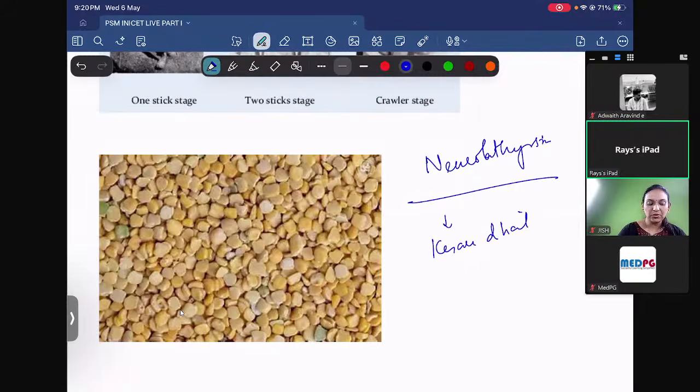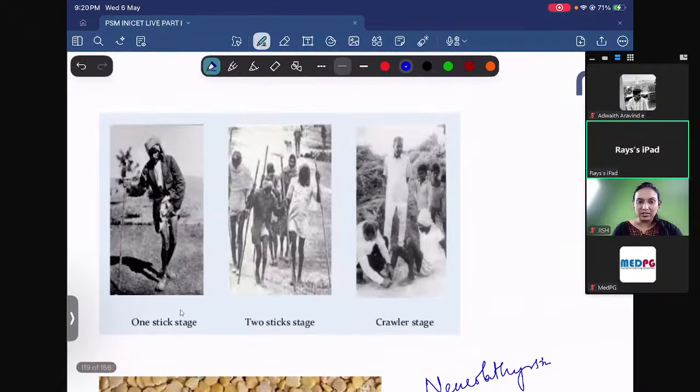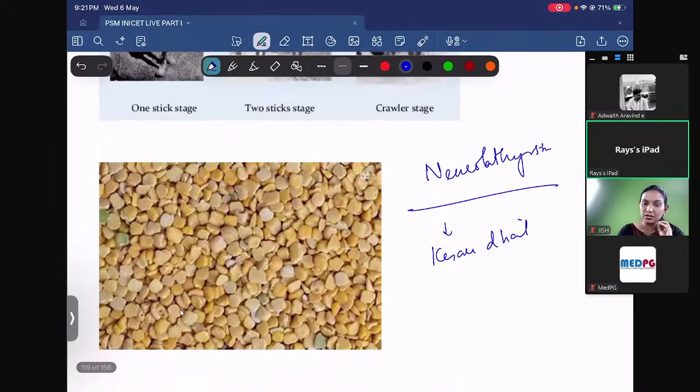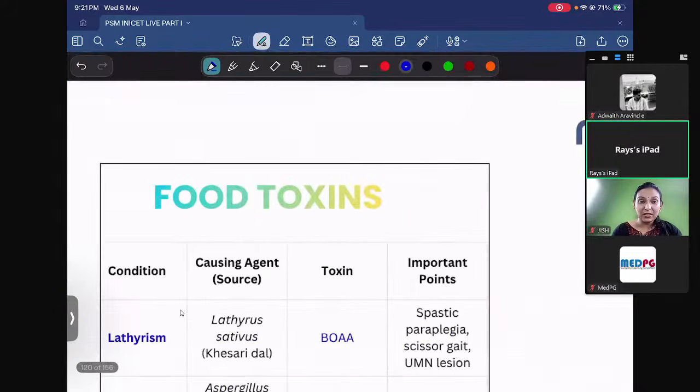It is a neurodegenerative disorder where initially the patient walks with one stick. Later he becomes weaker, needs two sticks, and finally ends up in the crawling stage and bedridden. The toxin is BOAA, beta-oxalyl amino alanine, responsible for neurolathyrism. And vitamin C is kind of protective.